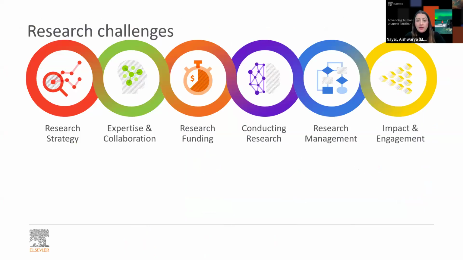Now, moving on, as a researcher you have to face a lot of challenges. Starting with your research strategies: what is already there in your research field, what are the novel themes, what are the consistent themes?